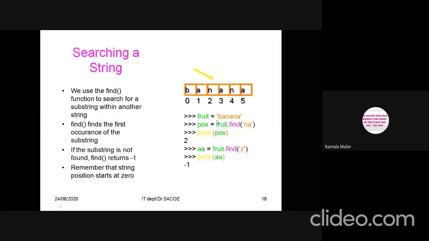In banana, if you want to search where NA belongs, it will search NA. The starting NA is here, so it will return the starting position, that is 0, 1, 2. That 2 will be returned. So it will return the position where that particular substring, word or character is available.